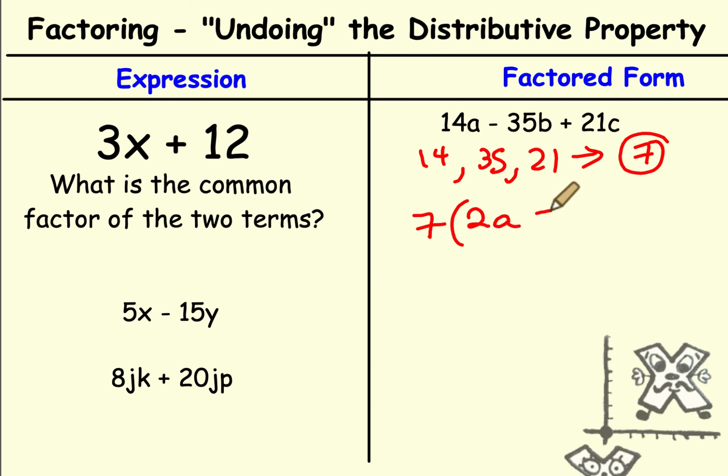Minus sign. 7 times what number makes 35? 5. 7 times what number makes 21? 3. And not forgetting my variables, I get that the factored form is the product of 7 and 2 times a minus 5 times b plus 3 times c. And that is how we're going to be using the distributive property in the future of math.